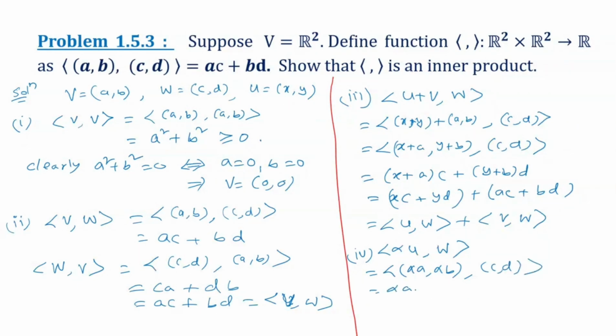So this is by definition αac plus αbd, which is equal to α(ac plus bd). So α times the inner product ⟨v, w⟩. So this establishes that this is an inner product. Then we'll see that this is known as the dot product.